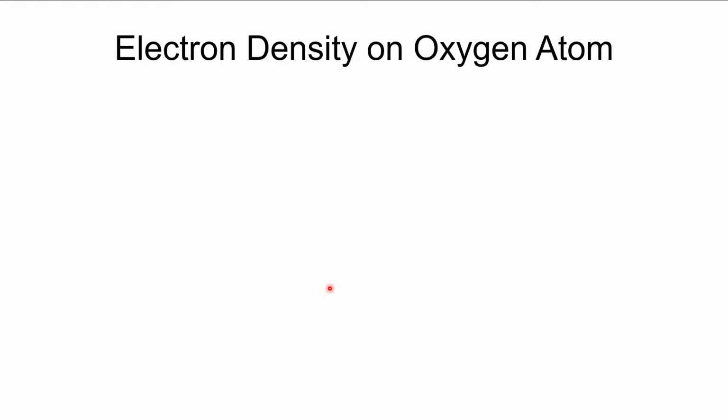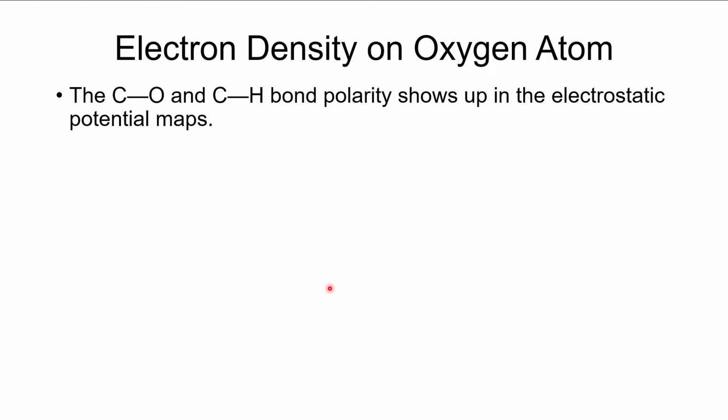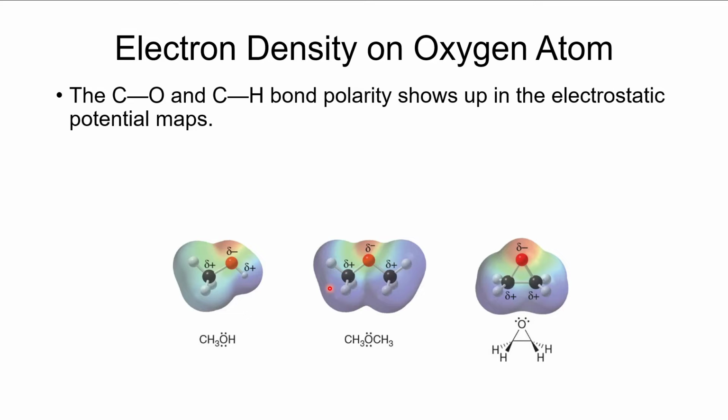If we look at the electron density on the oxygen atom on an electrostatic potential map, we'll see the red represents a partial negative charge. So here on the alcohol, we'll see a partial negative charge on that oxygen, partial positive charge on the hydrogen. For the ether, we still get that partial negative charge on the oxygen, but the partial positive charges are going to be on the carbons, which means they're going to be a little bit more spread out than they are with the hydrogen on alcohols.